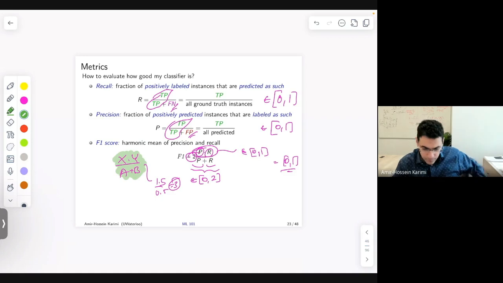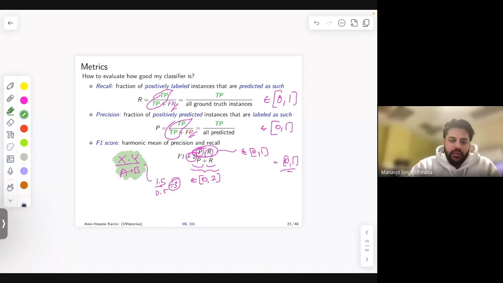Yes, Manoj. For example, I know that we took this as an example, but for this to happen, 1.5 over 0.5, either P or R has to be greater than 1, which isn't really possible, right?